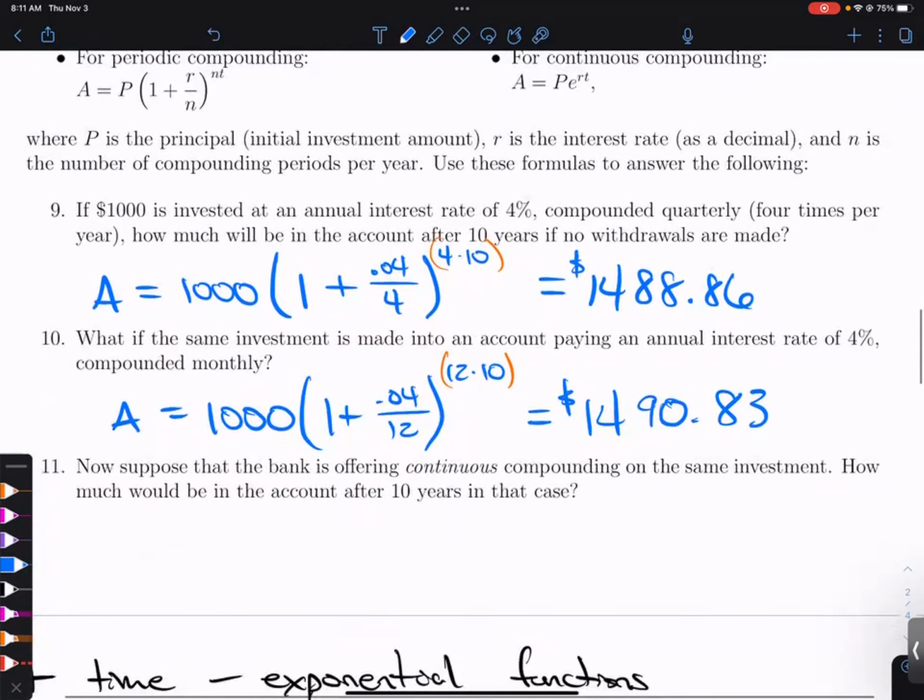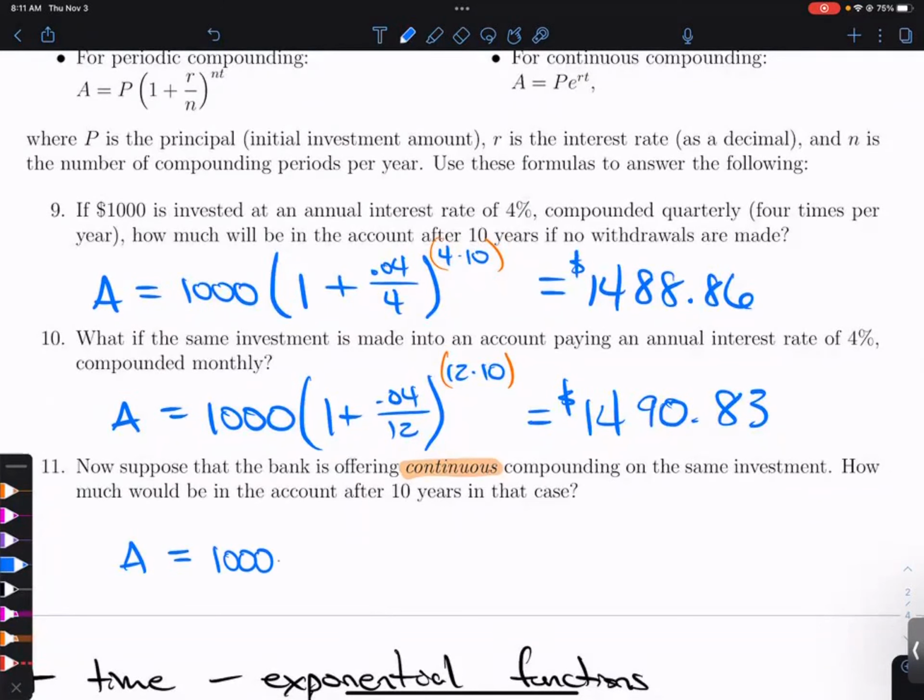Okay, what about the last one? What's different there? Continuous compounding, which means use the other formula, right? So A is, how do I need to set that up? What's P? 1,000.